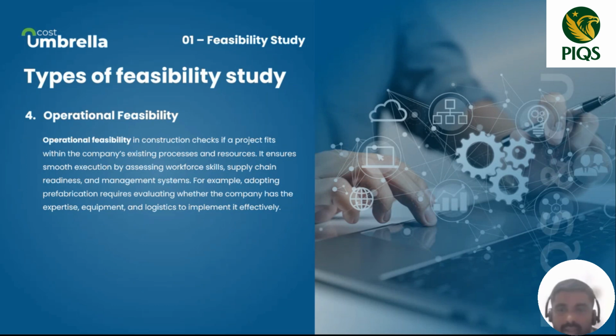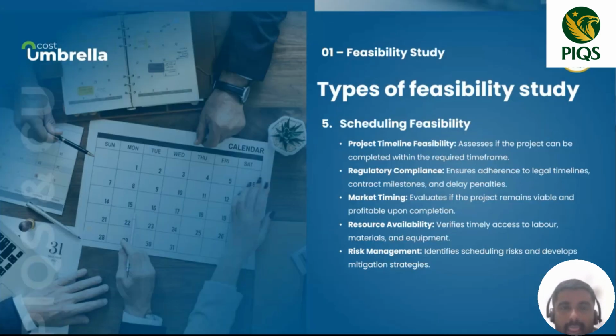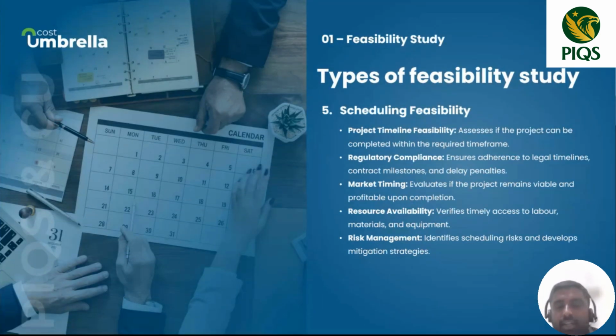Then the last one, which is very important, scheduling feasibility. For example, we are developing a lot of infrastructure targeting specific events, right? In 2022 we had the Qatar World Cup. In 2034 we will have the FIFA World Cup in Saudi Arabia. So your time is fixed, right?